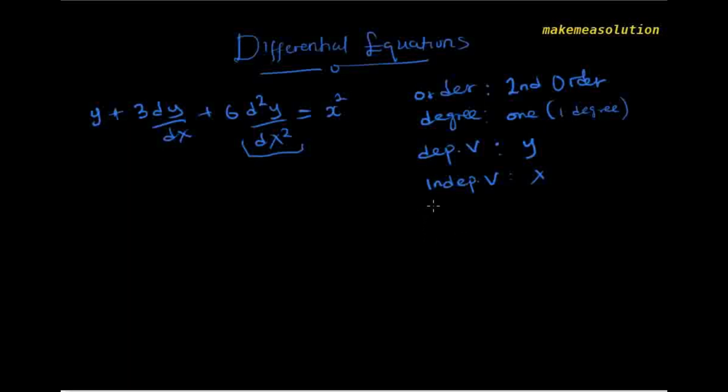So we have ODE or PDE: ODE yes, PDE no. These are the properties of differential equations. You need to know the order, the degree, the dependent variable, the independent variable, and whether it's an ordinary differential equation or a partial differential equation. So let's take another example and I'll call it a day. This one might be a little bit more complicated, but we'll get to it together.